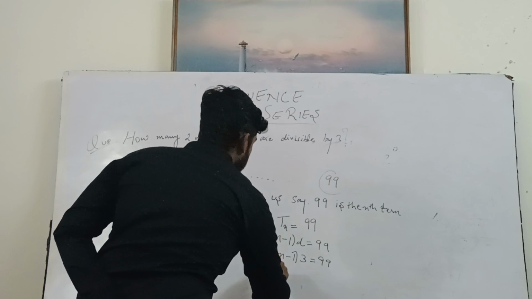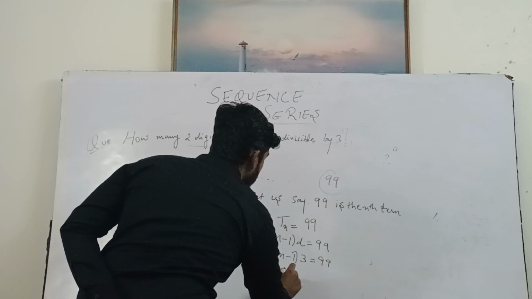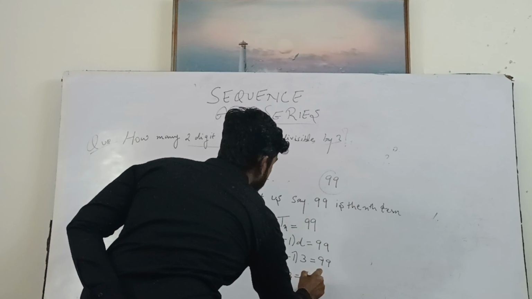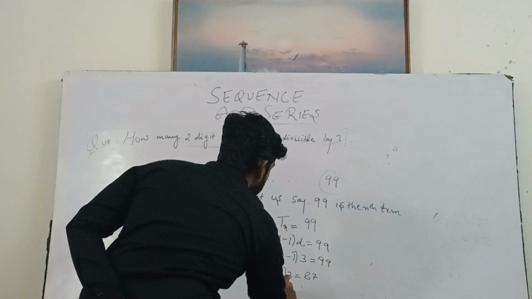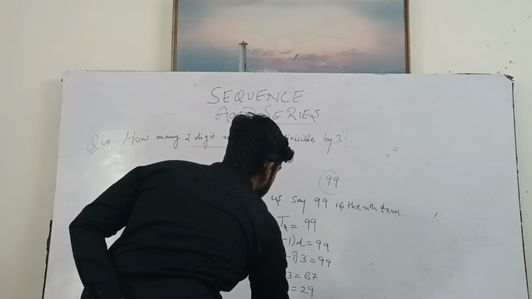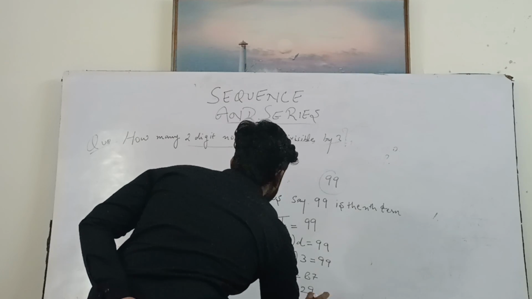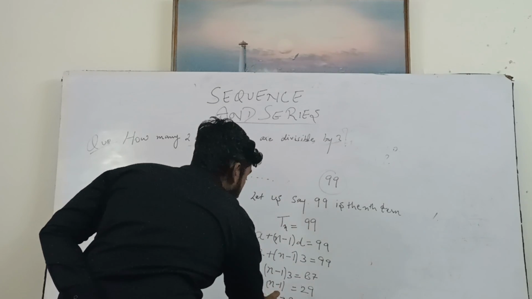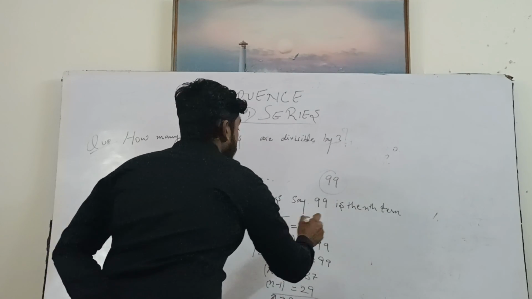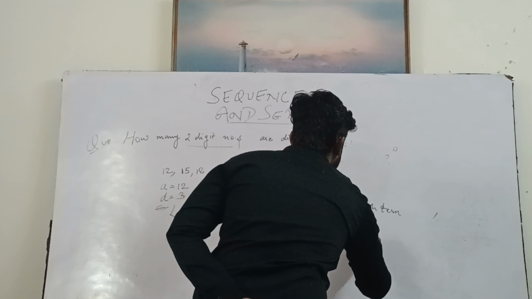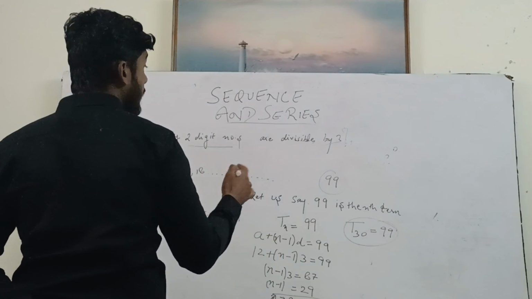Take 12 to that side, n minus 1 into 3 is equal to 87. n minus 1, 3 will divide, it becomes 29. n is equal to 29 plus 1, that is 30, which means T30 is equal to 99.